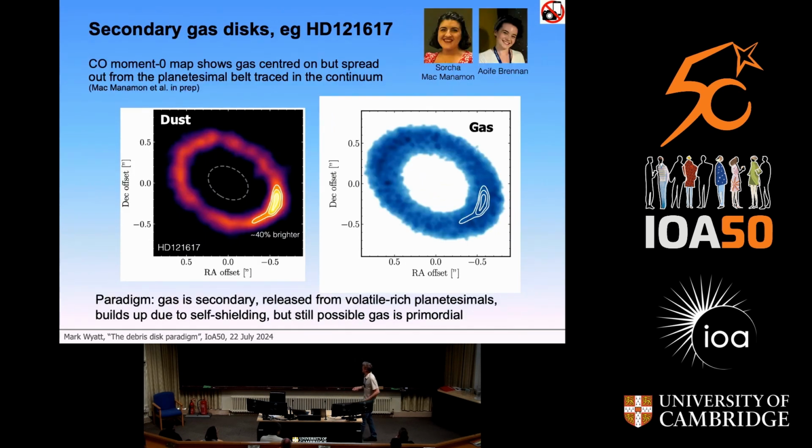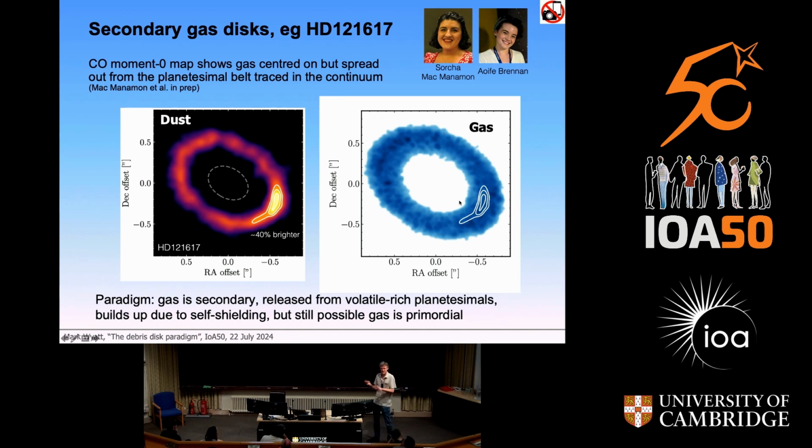So I say that we have gas in some systems. This is just one example. It's HD 121617. We've got a narrow planetesimal belt, and we also have carbon monoxide gas that's seen at the same location.